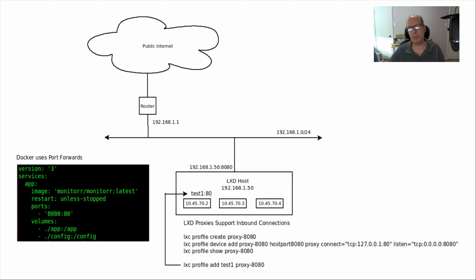So here's a little bit of a picture of a very simple network. Public networks up here, we've got a router. The router's gateway is 192.168.1.1. The main network is addressed at 192.168.1.